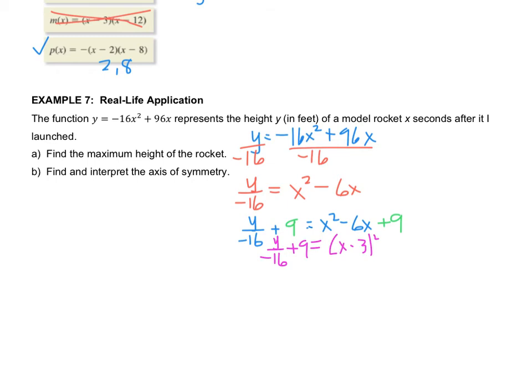So what you do now is you bring that 9 back over. So it's y over -16 equals x minus 3 squared minus 9, and then you multiply everything by -16 to make the y go back to normal.